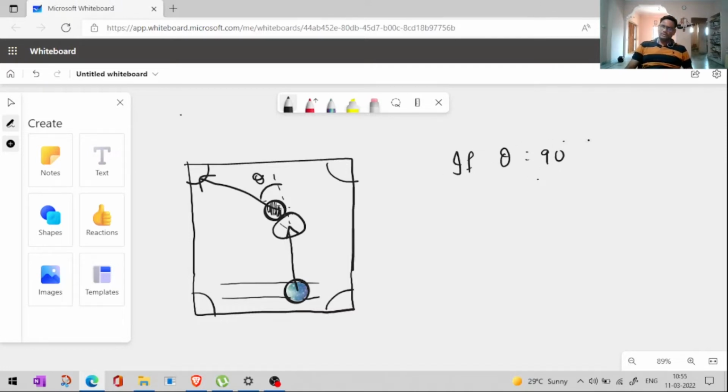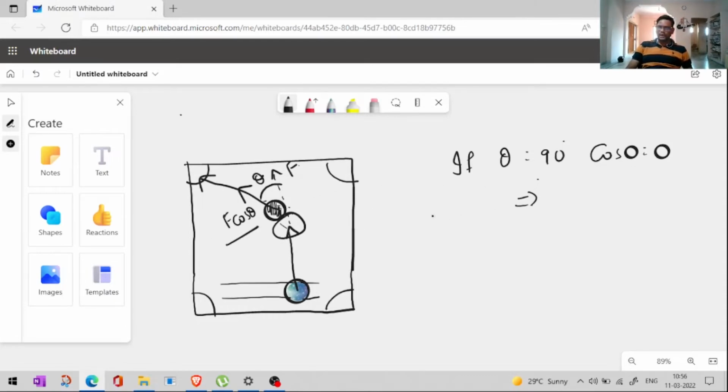In the sense, cos theta will be 0. Let me say the force F is here. The component of this one is F cos theta. So if theta is 90, this force will be 0.